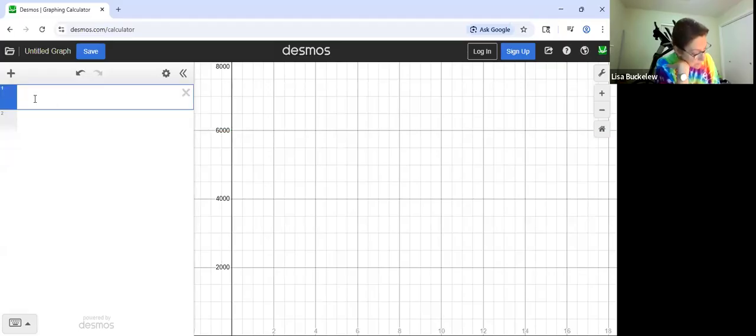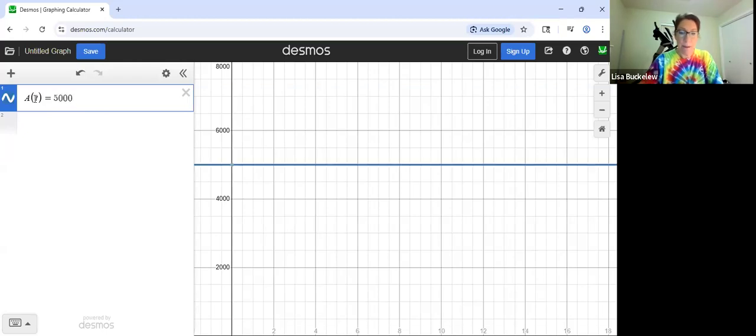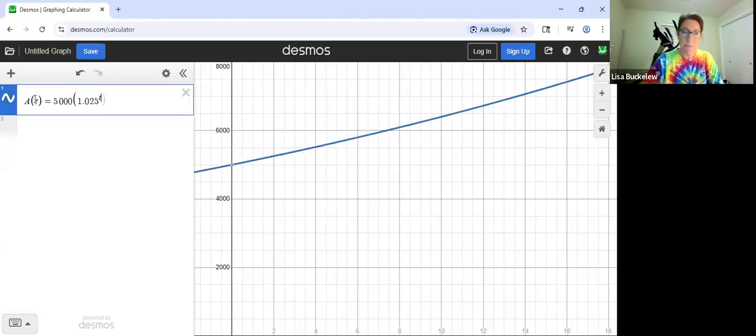All right, so let's put in the original function, placing numbers in for things like that initial amount. Our starting amount was $5,000. The multiplier is 1.025 to the t.